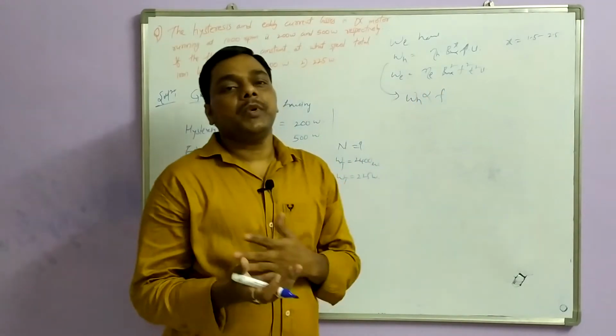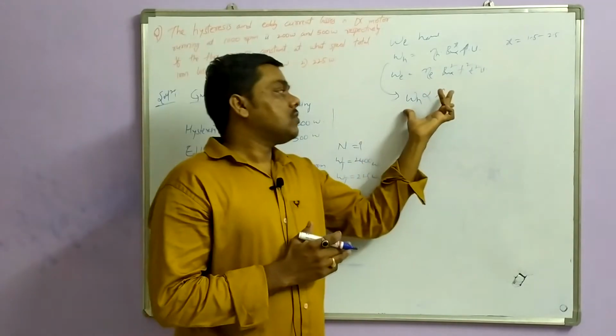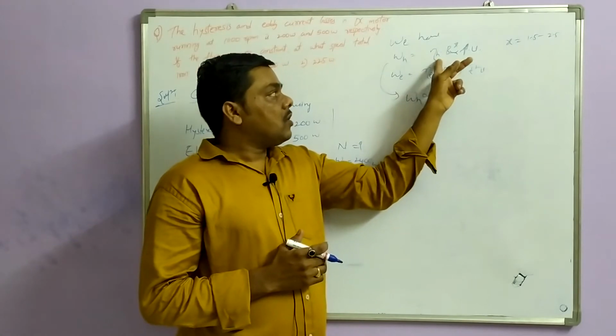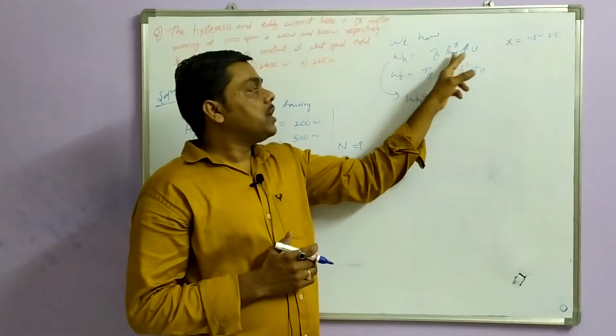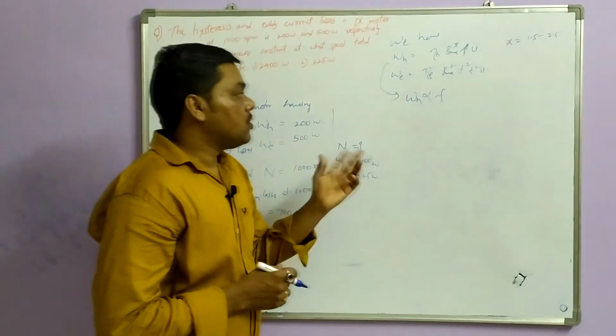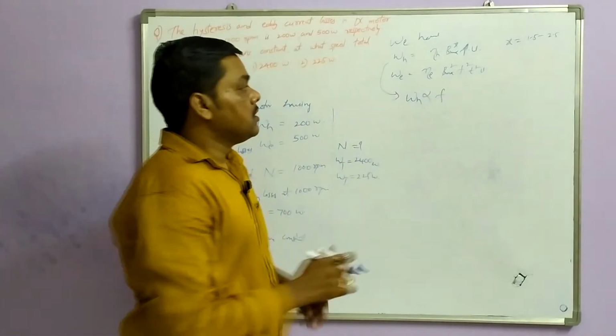It is dependent upon speed. If speed is higher, reversal will be higher. If speed is less, flux reversal will be less. So that's why I am keeping eta H, the Steinmetz constant, flux density Bmax, and volume V of the material constant, so that I can write WH is proportional to f.